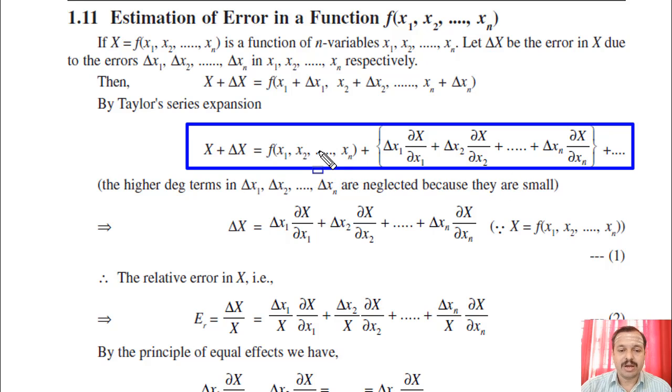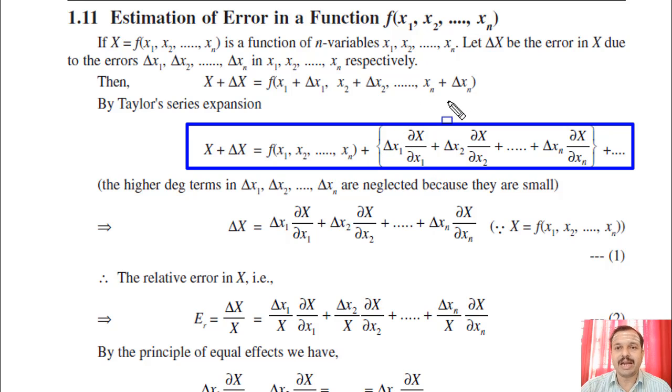Here the plus dots have been written because afterwards there will also be terms with higher powers of delta x1, delta x2, ..., delta xn. But since the errors are small, the small number to the power 2, and to the power 3, will be still smaller.